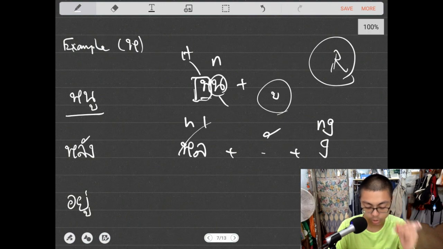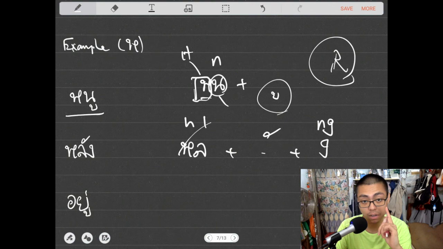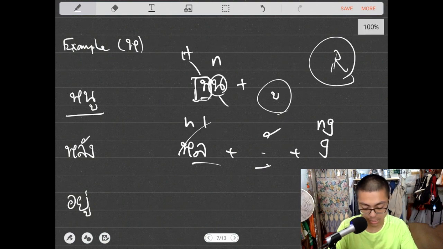Leading ho hip, we don't need to pronounce the H sound, but it affects the tone of this word. Consonant lo ling, l, plus vowel la, plus final consonant lang.